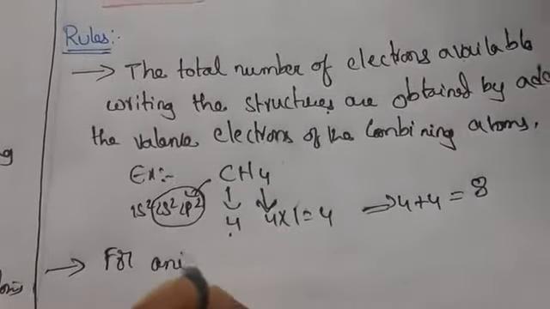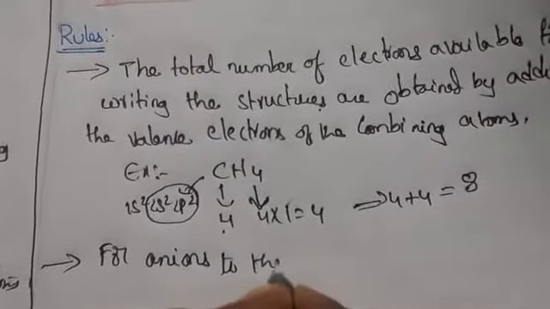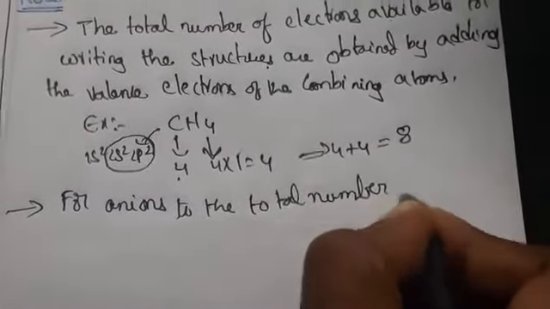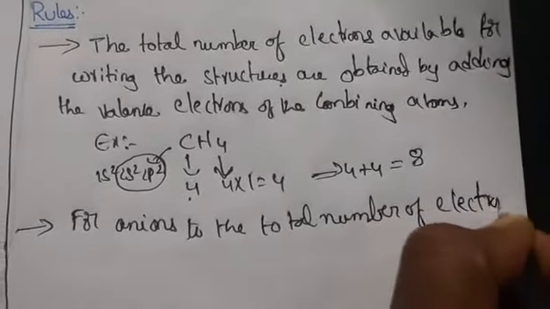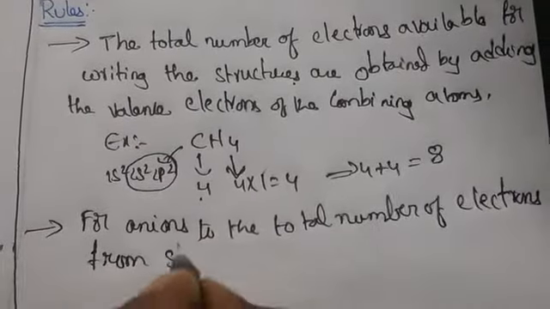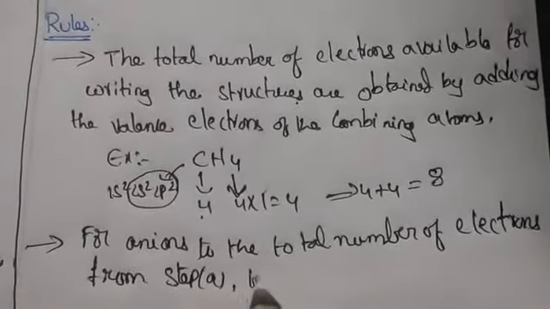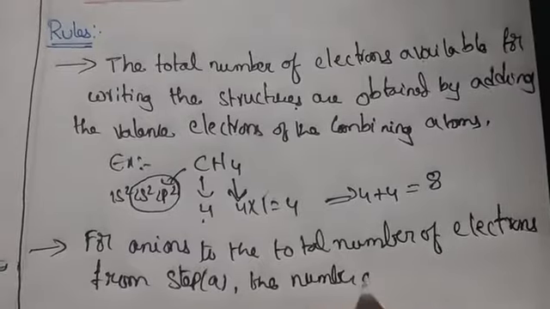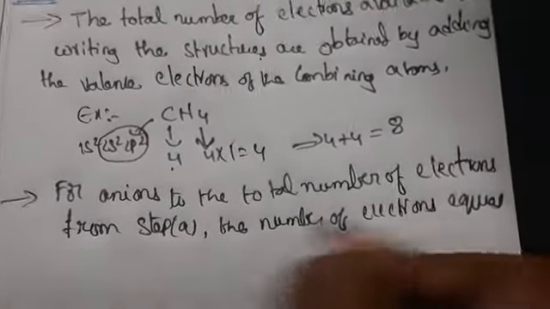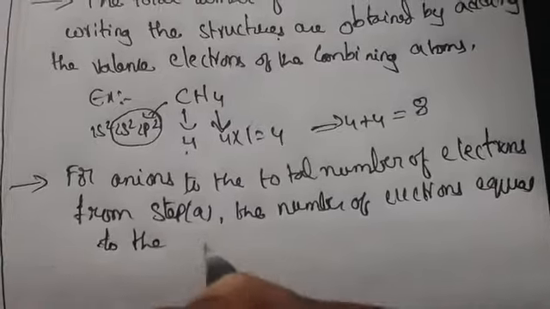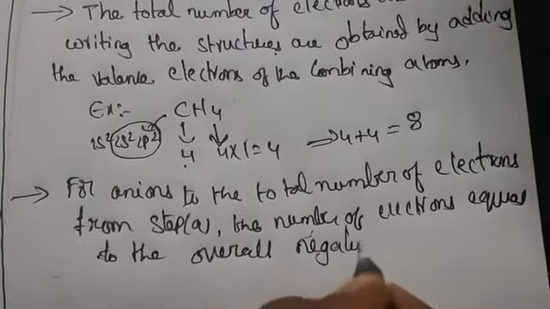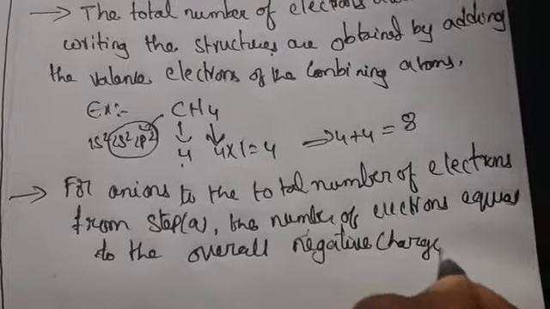For anions, we take the total number of electrons from step A, and then the number of electrons equal to the overall negative charge is to be added.